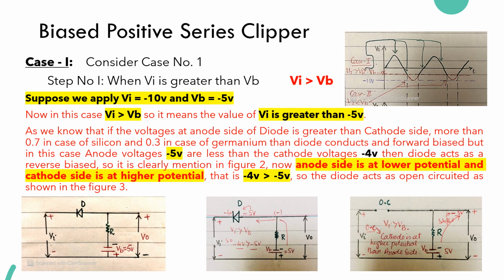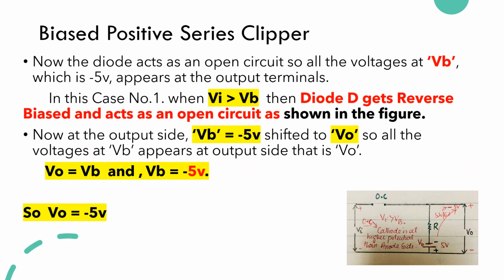So the diode acts as an open circuit as shown in figure number 3. Now the diode acts as an open circuit as shown in the figure. So all the voltage at VB, which is minus 5 volt, appears at the output terminals.